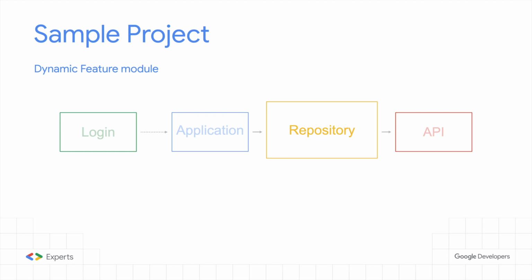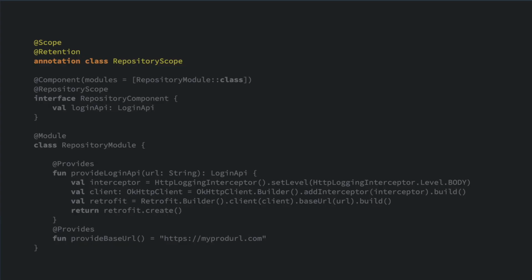Let's look at the repository module's source code. As mentioned, we have repository scope. In the repository component, we have repository module as module. Repository module provides a login API and the base URL for the API.